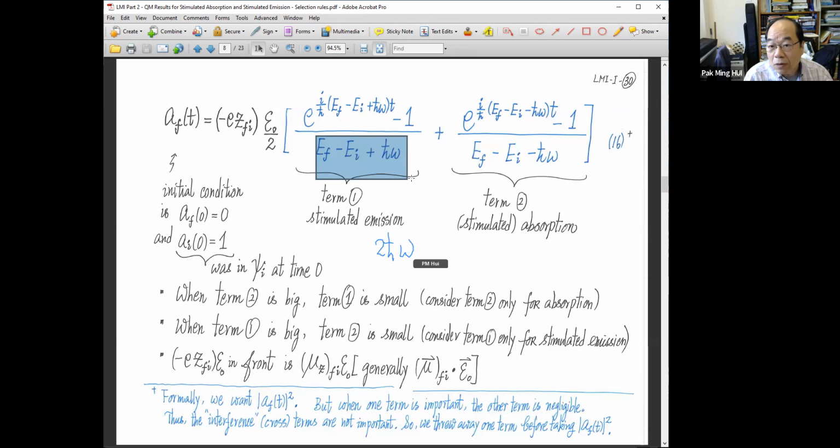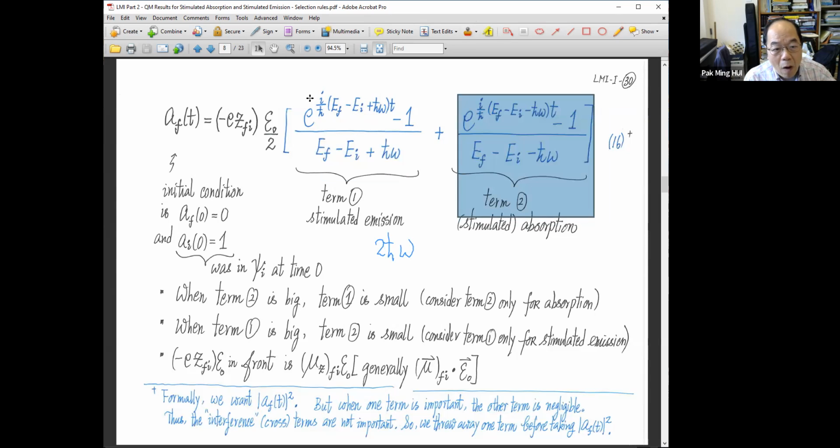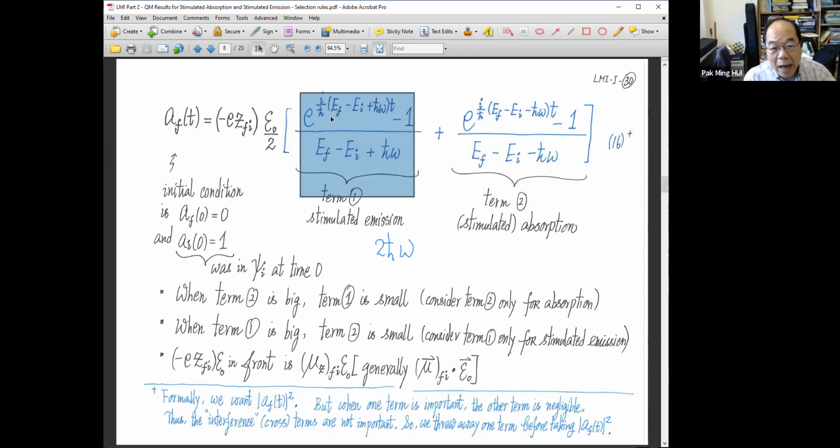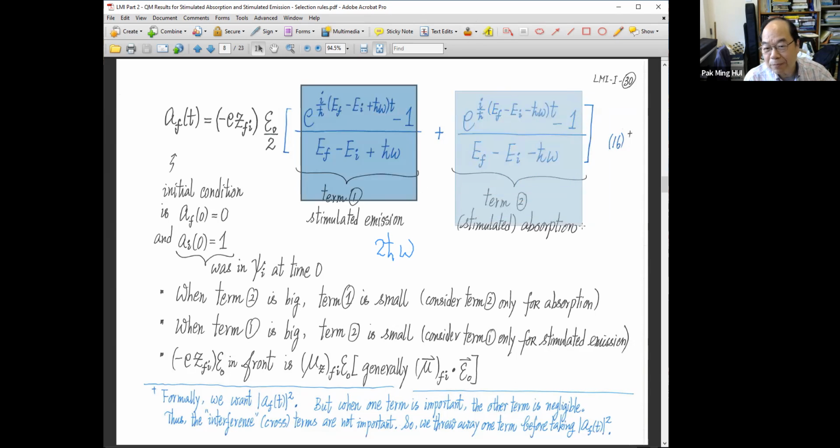Okay, so the argument is very simple. When this is big, this is small. And when this is big, this cannot be big, this must be small.